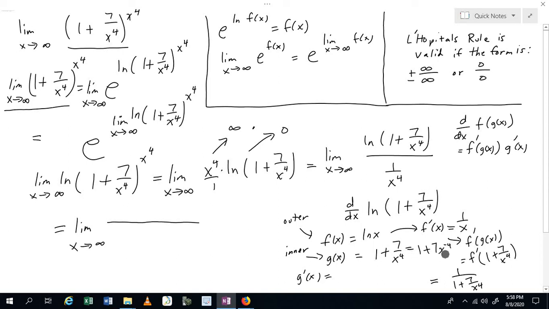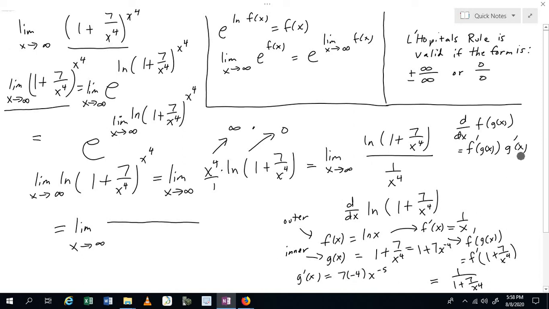And then the derivative of the second piece is just negative 4x to the negative 5 times the 7, using the power rule, right? You multiply by the negative 4 in front, you multiply that negative 4 by the 7, and then you subtract 1 from the exponent, and you get x to the negative 5. Okay, so that's your inner derivative.